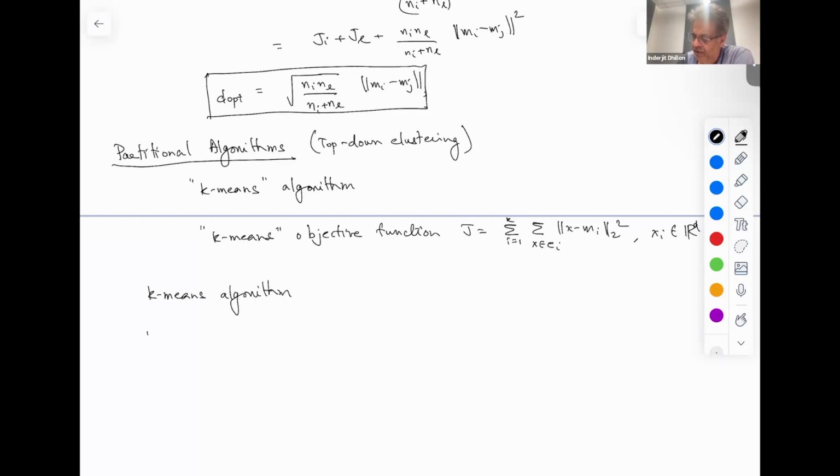Okay. So it starts with some partitioning of the data into K clusters.